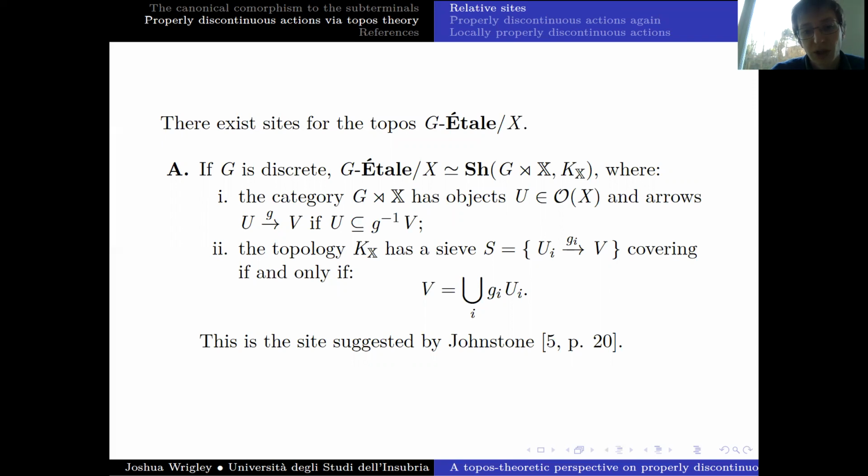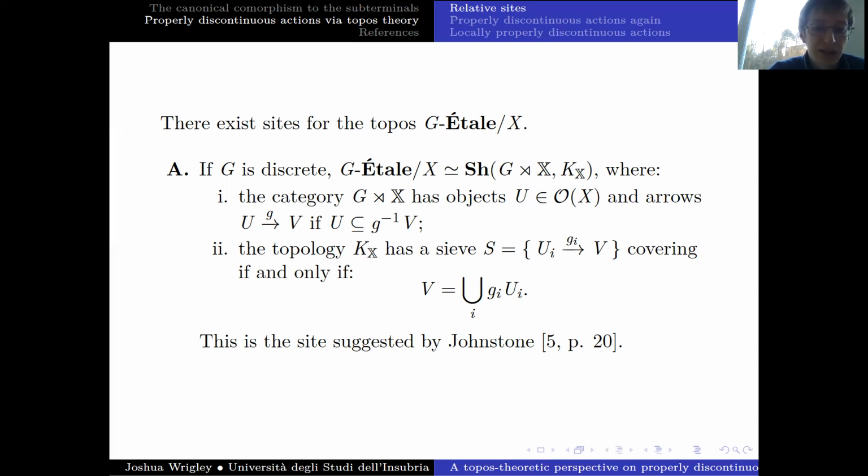But we're just going to give the results. If G is a discrete group acting on a space X, then Geo(G) over X is equivalent to a sheaf topos where the underlying category is this G times X, where the objects are going to be opens and the arrows are going to be group elements such that this inclusion condition is satisfied.